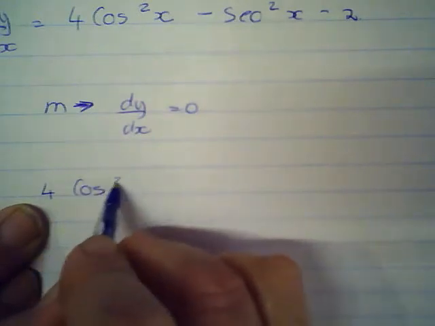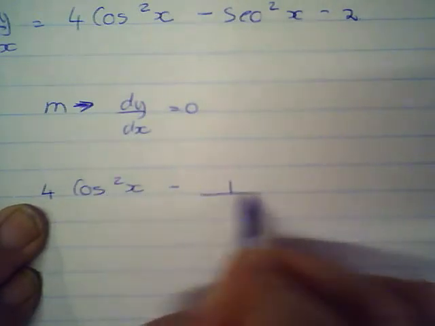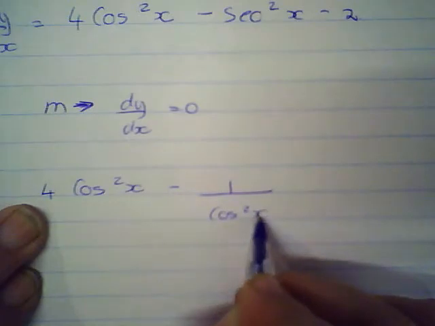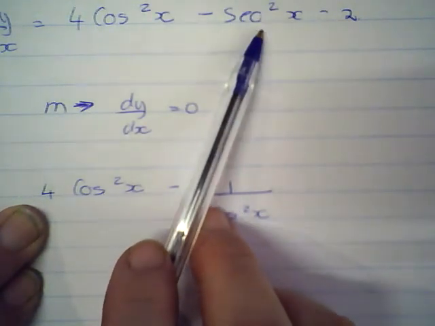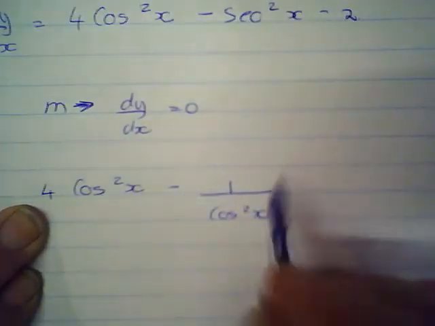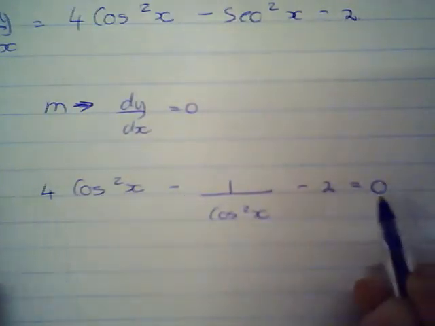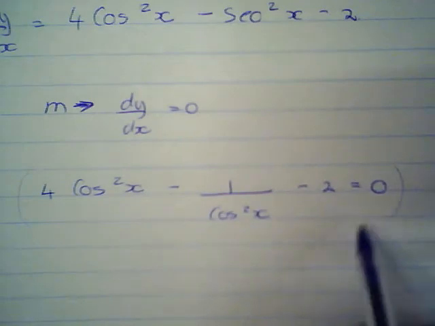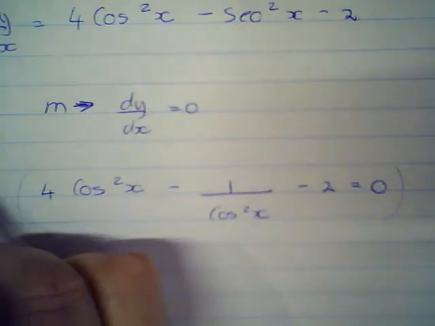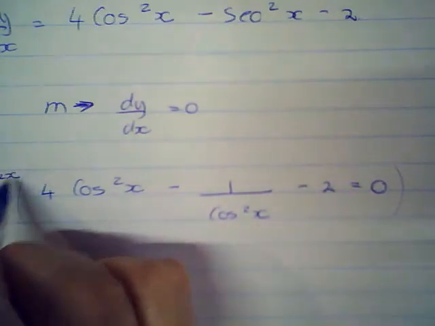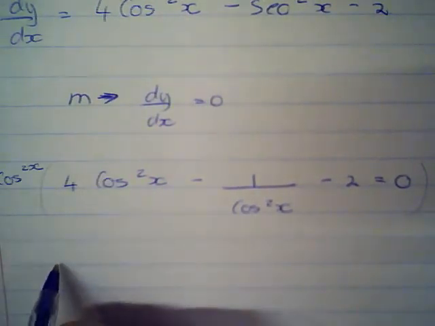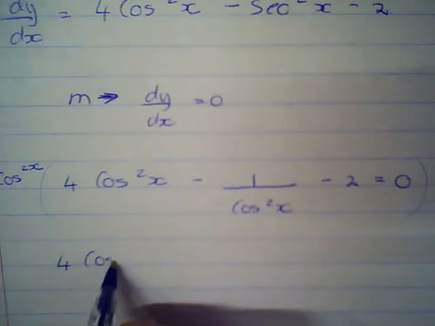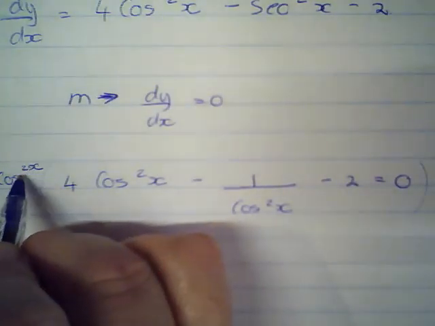4 cosine squared x minus 1 over cosine squared x, because sec x is the same thing as 1 over cosine x, minus 2 equals 0. Now multiply this whole thing by cosine squared x.